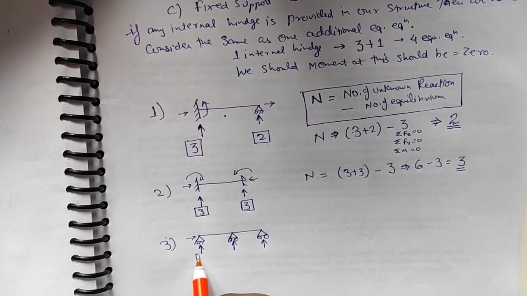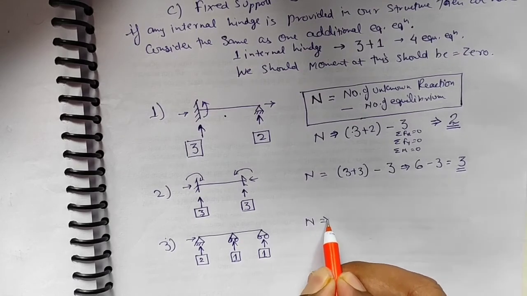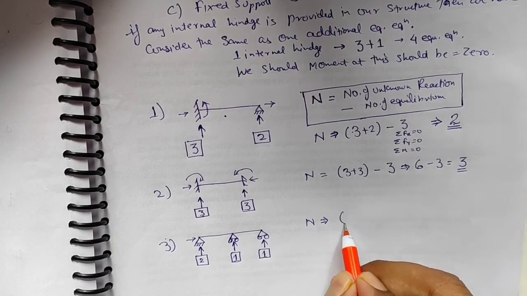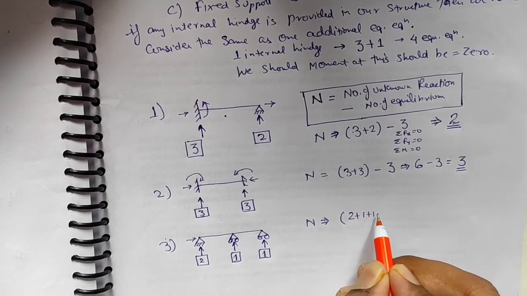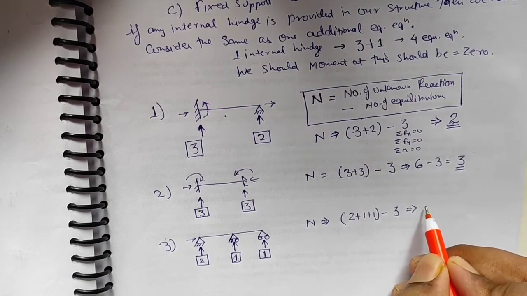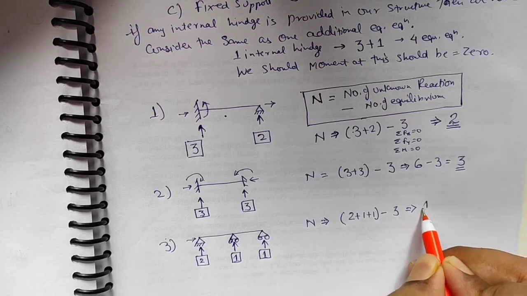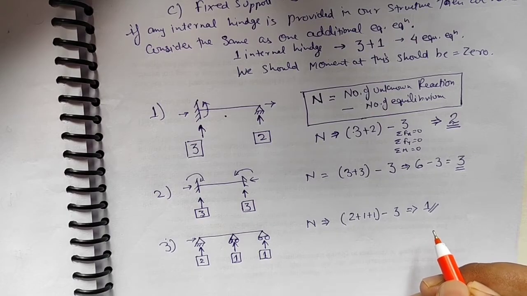So here we'll have two unknown reactions, here one unknown reaction, and here again one unknown reaction. So our degree of indeterminacy will be 2 plus 1 plus 1 minus 3, that is 4 minus 3. So the beam will have a degree of indeterminacy of 1.